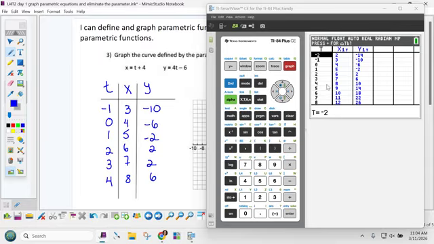Write down the points. Uh-oh. Oh, wait, I made a mistake. That's better.